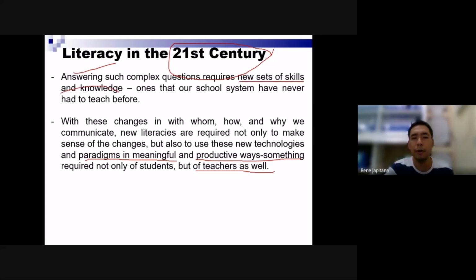Unlike before, the set of knowledge, if you know how to memorize, if you can communicate only, if you know how to compute, that's already literacy. But in the new set of skills and knowledge in the 21st century, that is different. The use of technology, how we are critical with information, how we deal ourselves in different varied situations in the recent time.